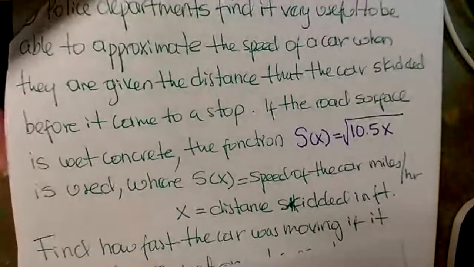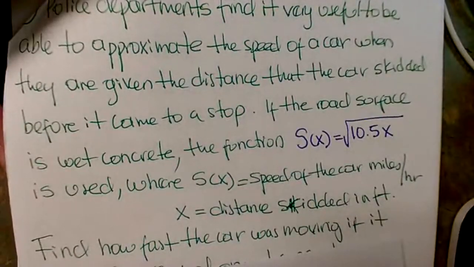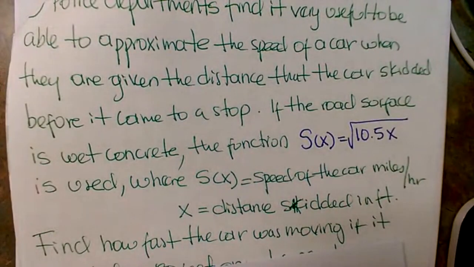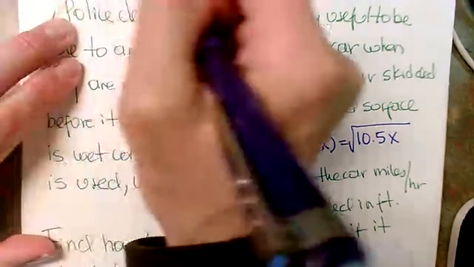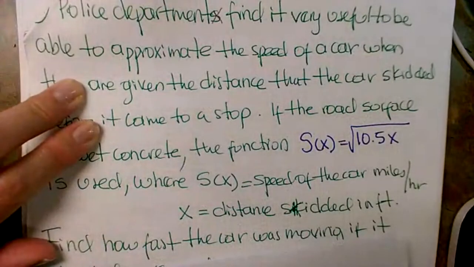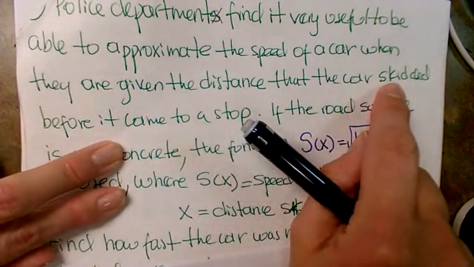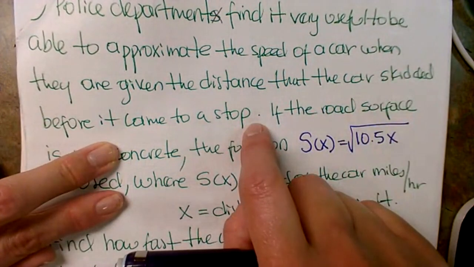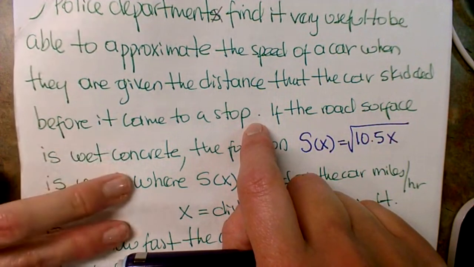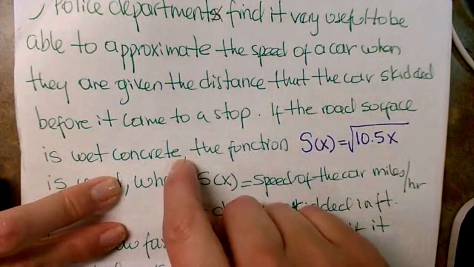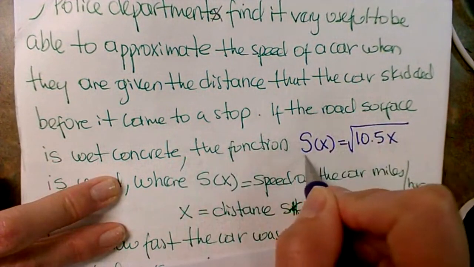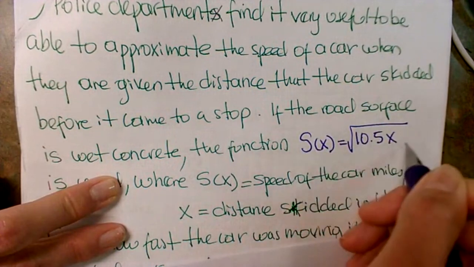A police department, find it very useful to be able to approximate the speed of a car when they are given the distance that the car skidded before it came to a stop. Skid. And if the road surface is wet concrete, here is the function. Here's the equation.